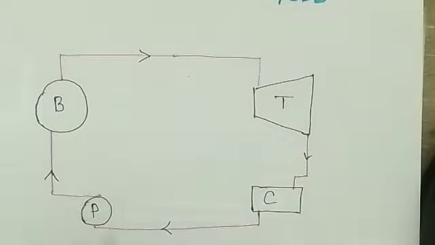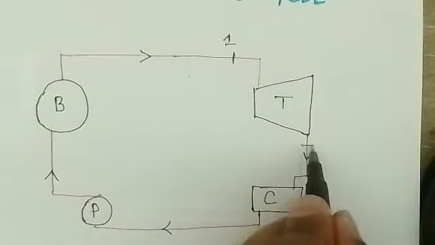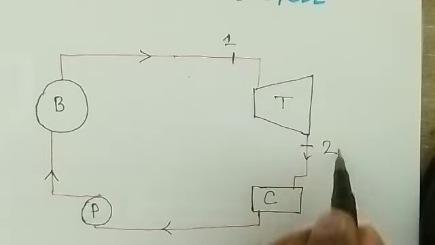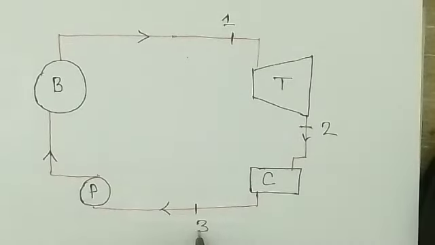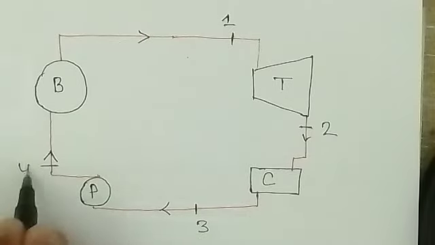Now this is point 1, the inlet of the turbine, and point 2 is the exit of the turbine, or the inlet of the condenser. This is the exit of the condenser, point 3, the inlet of the pump, and point 4 is the exit of the pump, or the inlet of the boiler.